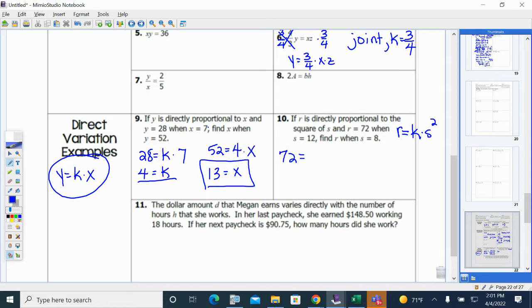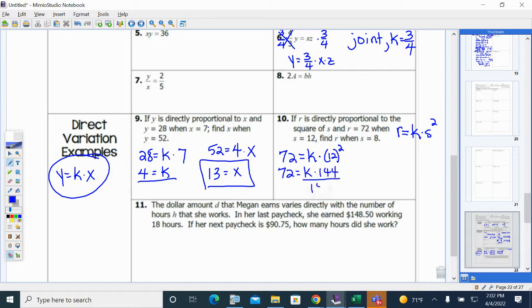When s is 12, we're gonna find k first to then find the r. So 72 is equal to k times 144.